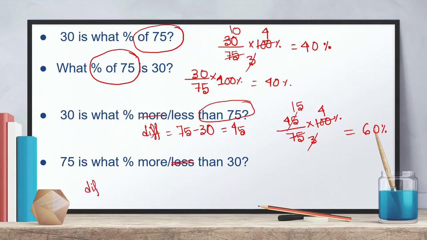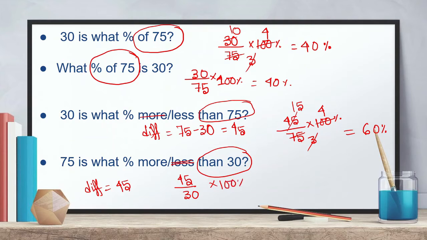We will find the difference at first, and the difference is 45. Whatever comes after "than" goes to the denominator, and the difference will be at the numerator.